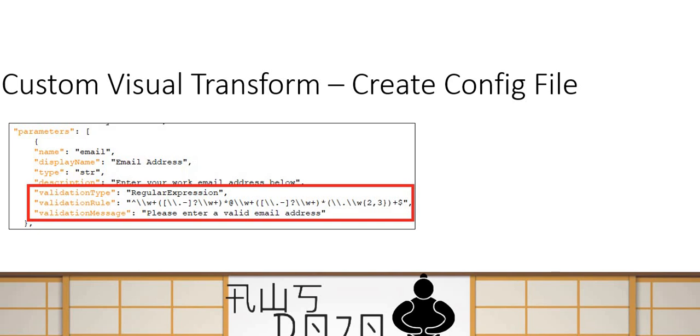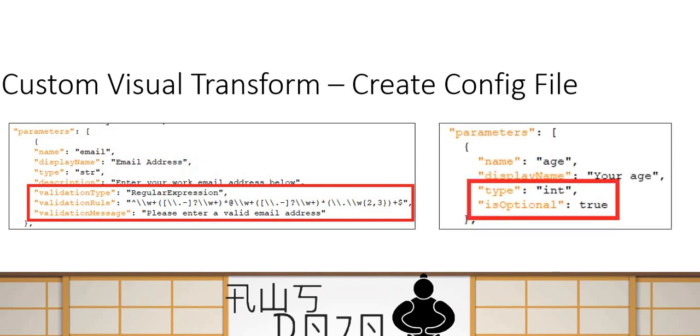There are other ways also to configure validation rules. This is another example where it's using integer as the data type, and it's saying whether this parameter is optional or mandatory. You can set optional to true or false to determine whether it's an optional parameter or a mandatory parameter, and that way you can control the configuration of your node.